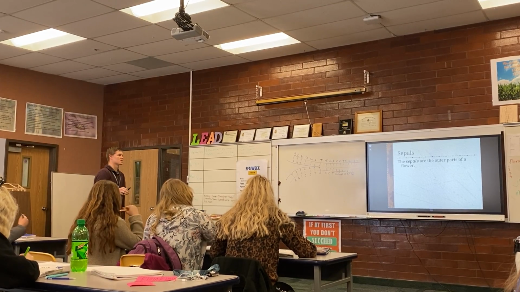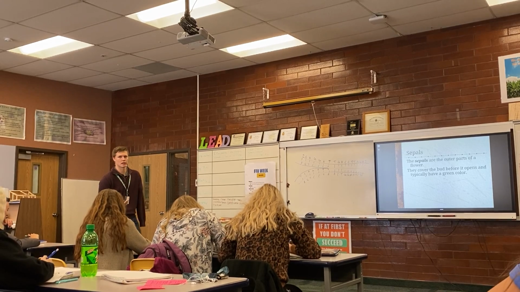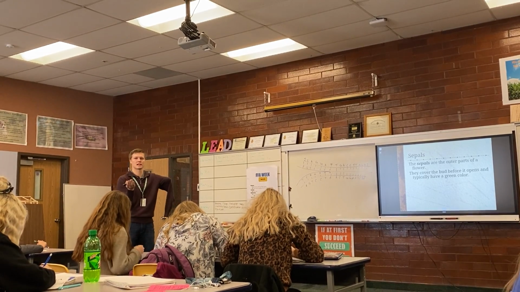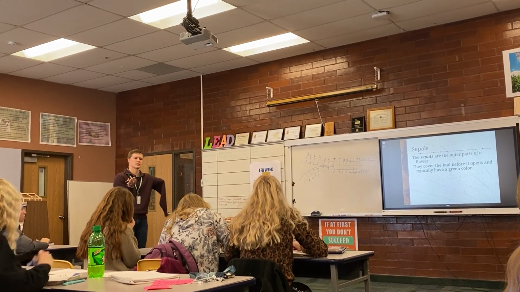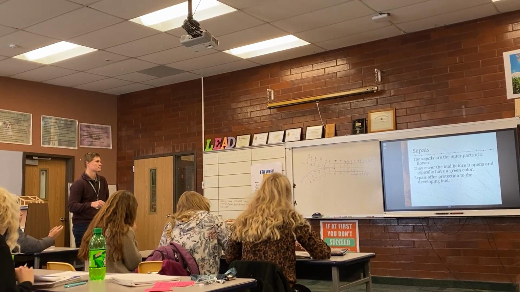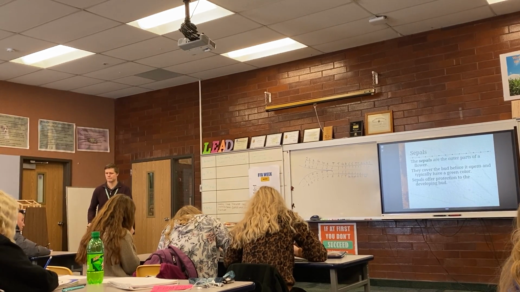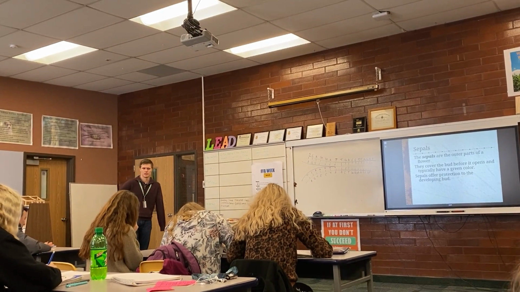So they're the outer parts of the flower, and they cover the bud before it opens. Usually they're green, and it also protects the ovary inside of the flower. Okay? So protection to the developing bud. Okay? I'll give you guys a second on this.